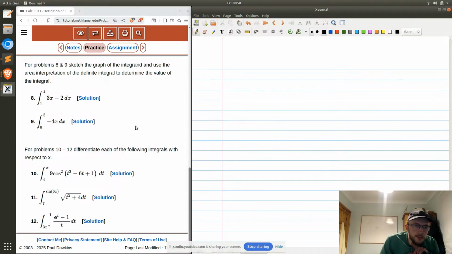For these problems, differentiate each of the following integrals with respect to x. Differentiate.